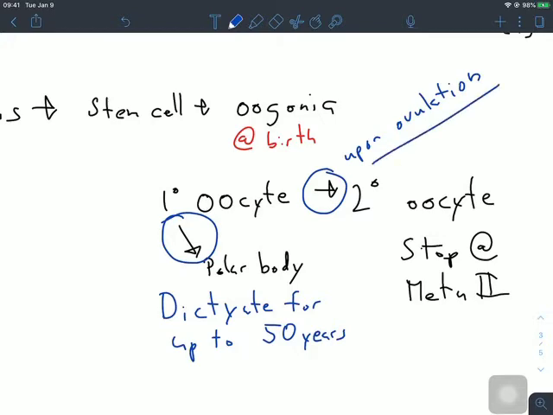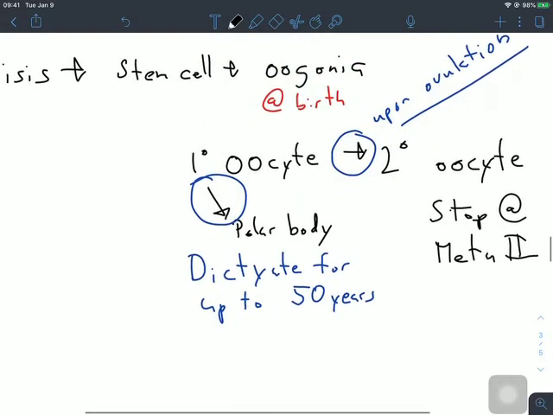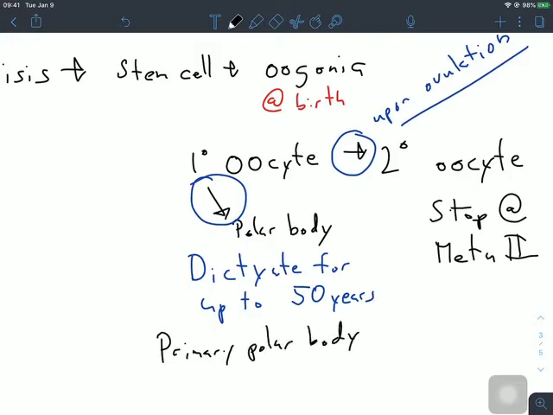Otherwise, that primary oocyte is hanging out in its dictyate state. The primary polar body will completely disintegrate in mammals. Essentially it dissolves. It's a small little chunk of DNA that gets ejected.